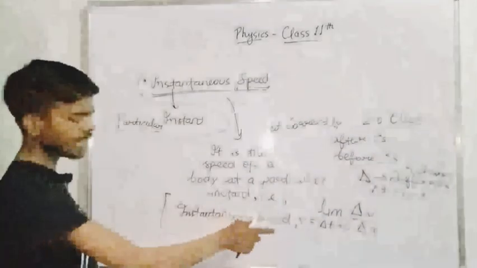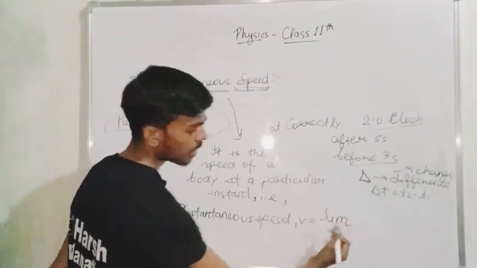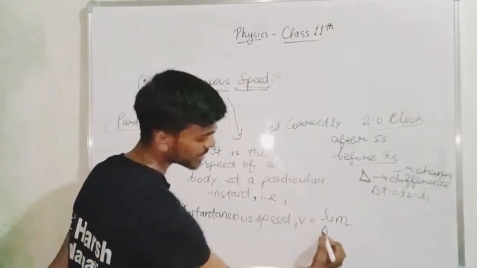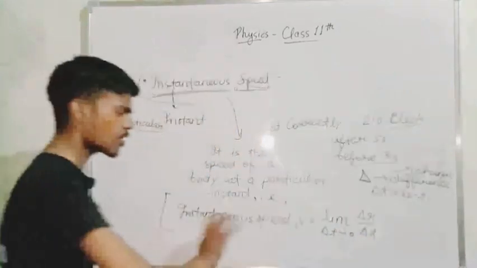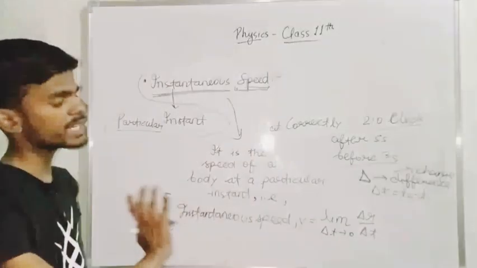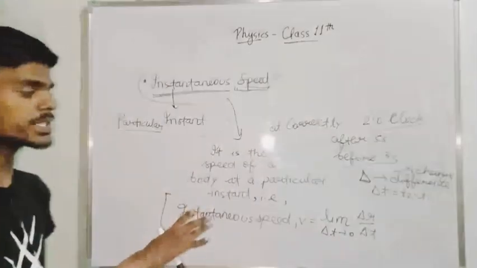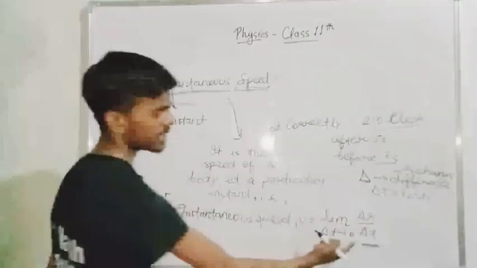We can say that instantaneous speed is the limit of delta r upon delta t as delta t tends to 0. Okay, this is the only simple formula. Instantaneous speed V is equal to limit delta t tends to 0 of delta r upon delta t, because we already know that speed is equal to distance upon time.